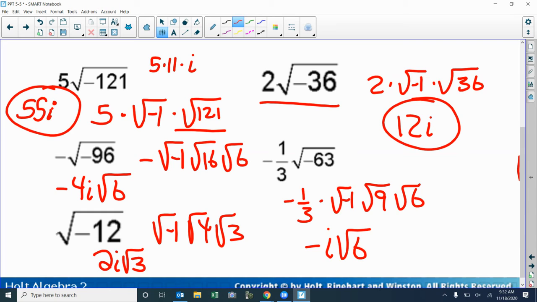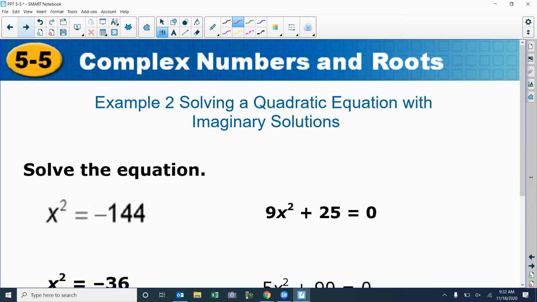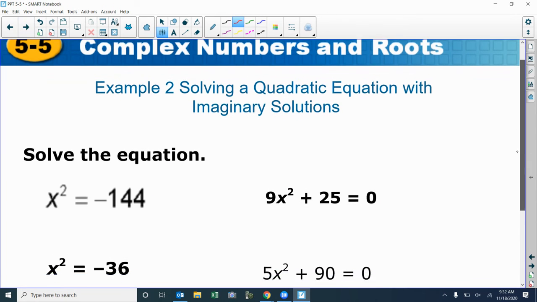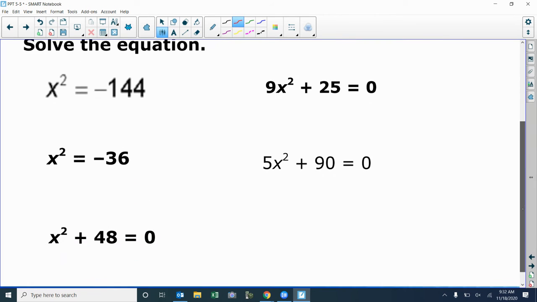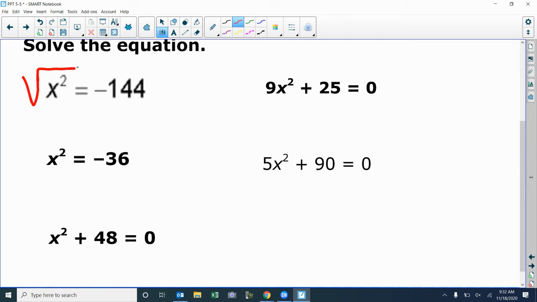Now, we're gonna put these into some equations also. So let's take a look at some of those. I'm gonna solve this first one for you, and then I'm gonna let you try to solve the other 4 here in a second. No different than what we've done in the last couple days. What am I gonna do? I'm gonna take the square root of both sides.